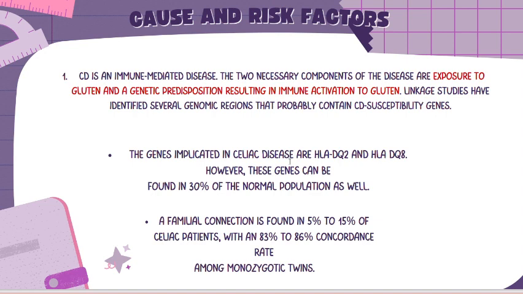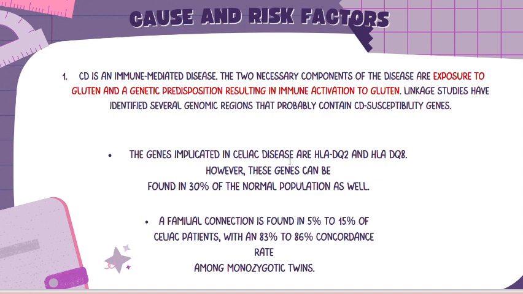When one identical twin has celiac disease, who shares 100% of their genes with the other twin, there's a high probability that the other twin will also have the disease. This suggests that genetic factors play a significant role in predisposing individuals to celiac disease, although environmental factors can also contribute to its development.